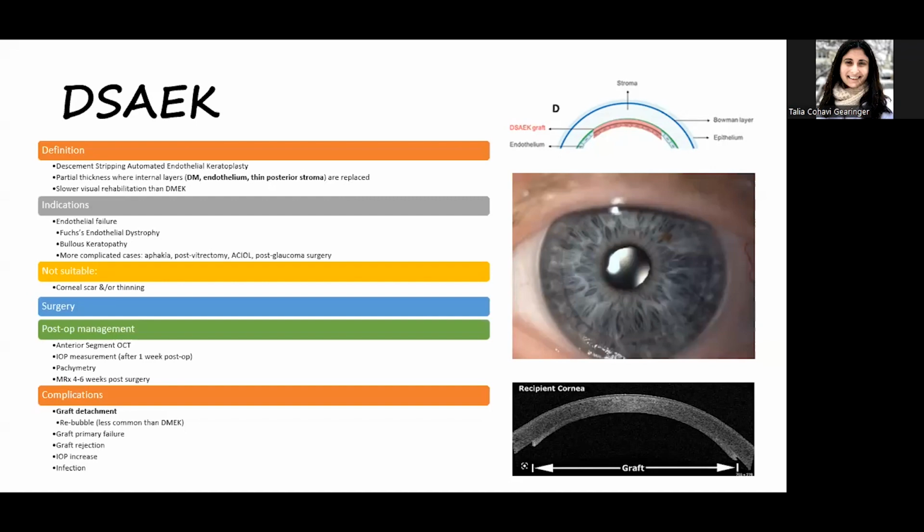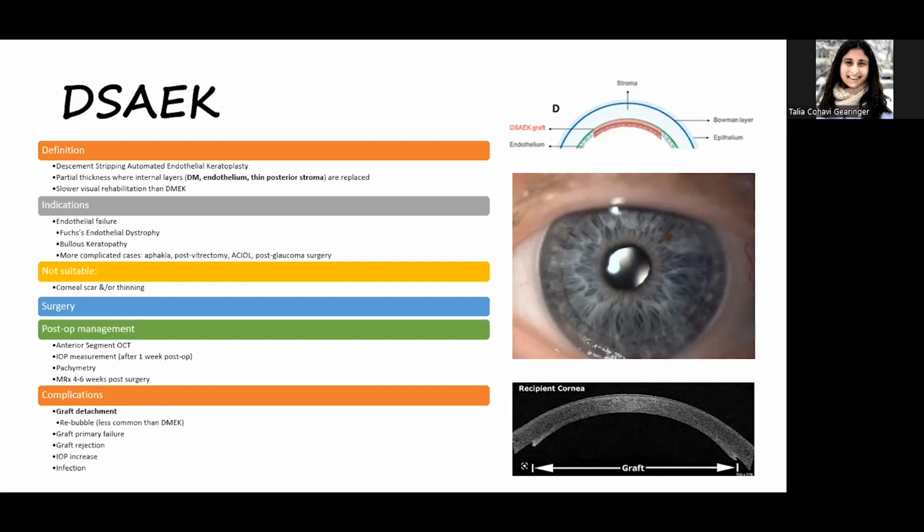And then more complicated cases, like patients that have phakic anterior segment IOLs, post-glaucoma surgeries, or patients that have had multiple eye surgeries that have affected the cornea, then the DSEK is a more stable tissue to be able to place in those kinds of eyes.